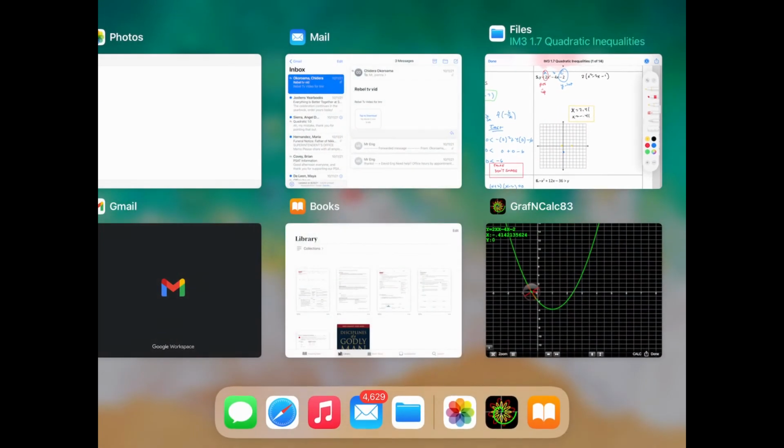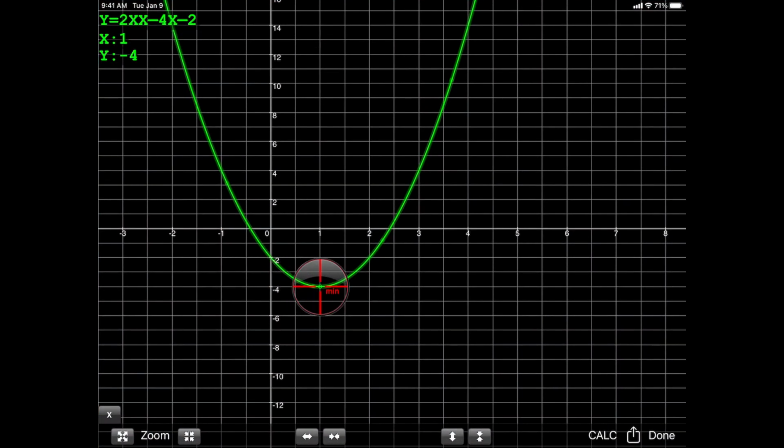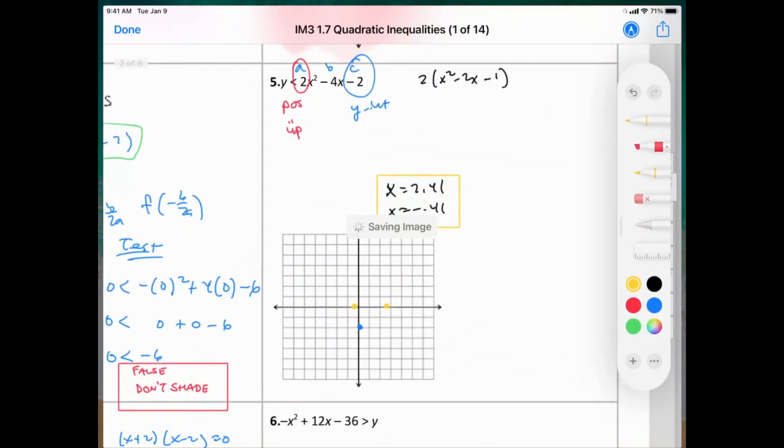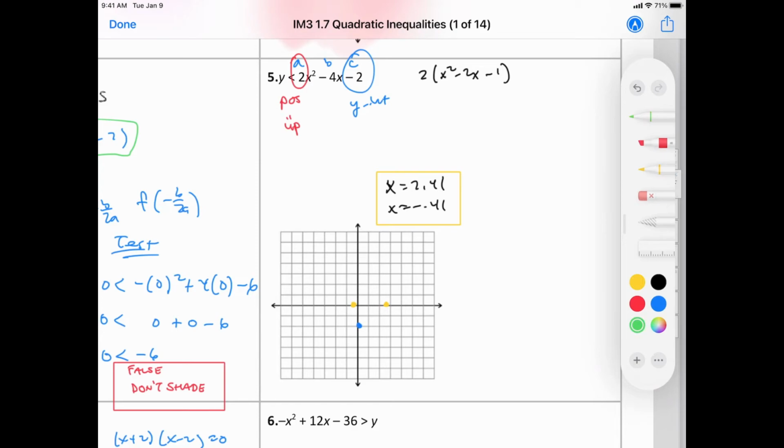And I should get a vertex, or a minimum: (1, -4). Write 1 down, -4. This is a minimum.